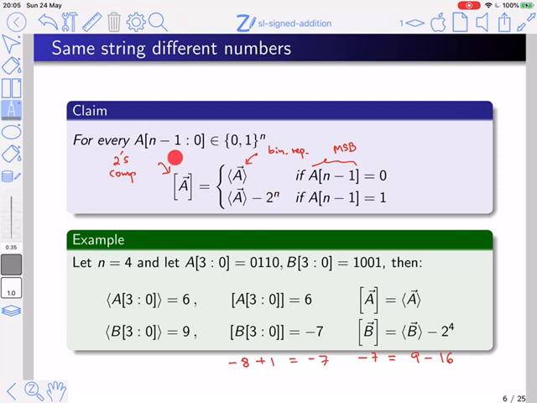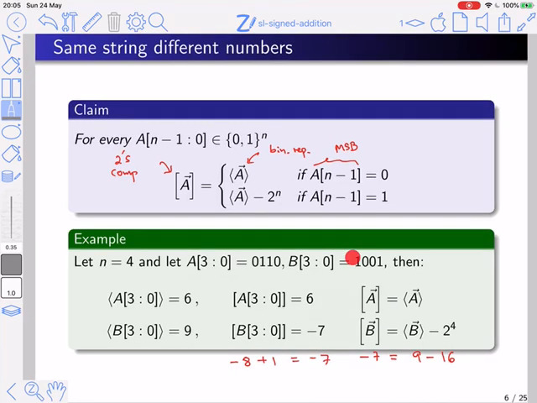Before we prove this claim, let's see an example. Consider n equals 4 and the string A, which is 0, 1, 1, 0. So the leading bit is 0, and therefore the string represents the same number, 6, both in binary representation and 2's complement representation. Let's look at B. The leading bit is 1. So, according to our claim, there should be a difference of 16 between the number represented by B in binary representation and in 2's complement representation.